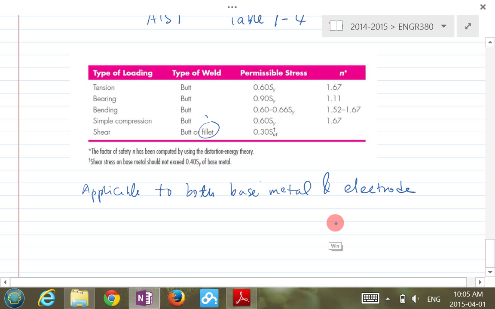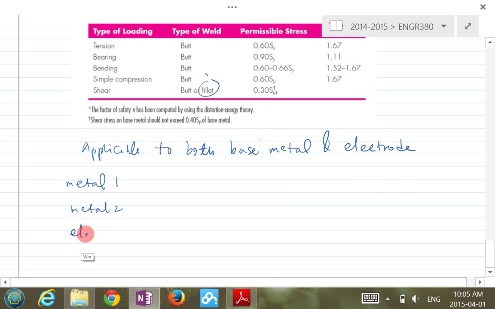You always have two base metals, and then you have the electrode. So let's say metal 1 and metal 2, and then the electrode. For each one there's an SUT and SY.